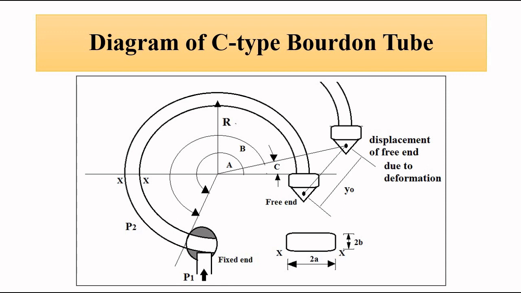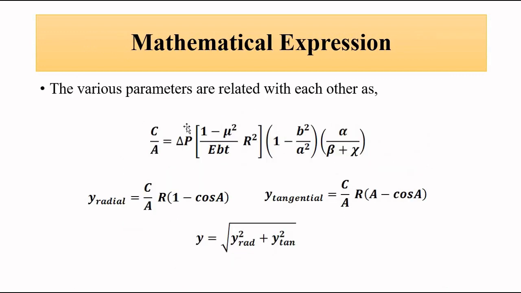It is given by the ratio of the angle C by A. C, which is the difference between the initial angle and the final angle, is equal to delta P, which is the pressure difference between outside and inside the tube, times (1 minus mu square) by E B T, R square into (1 minus B square by A square) into alpha by (beta plus psi).